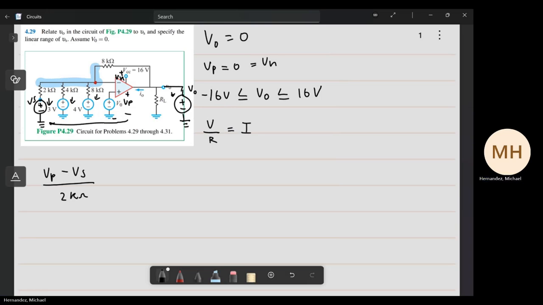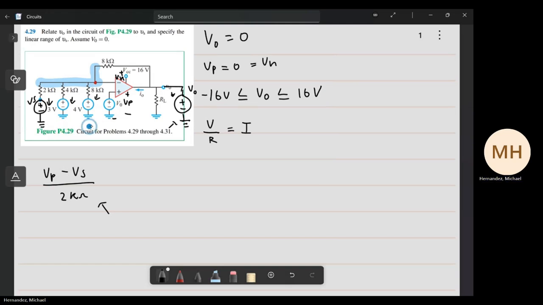I'll put this Ohm's law right here so you can see it. All right. And so that's one of the currents that we did. And we're going to have to perform this for this one, this one, and that one, because it's all connected to the terminal that we made from this node.